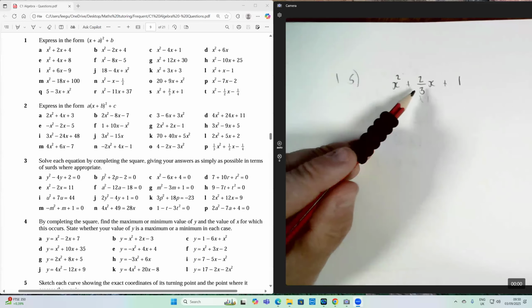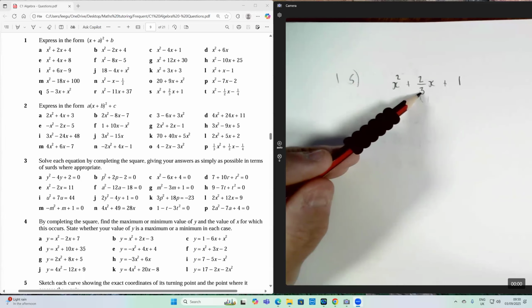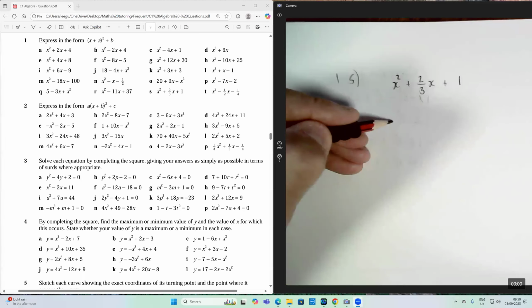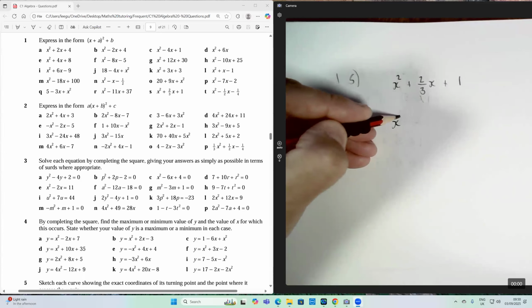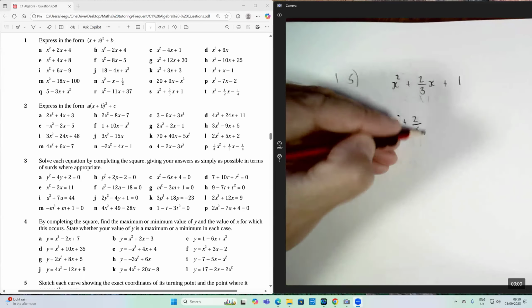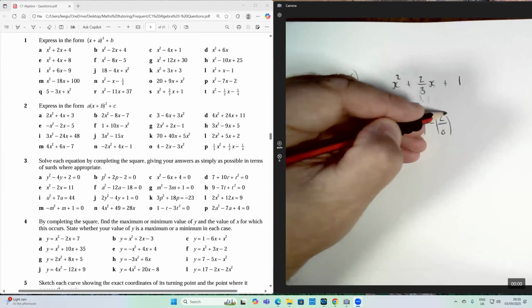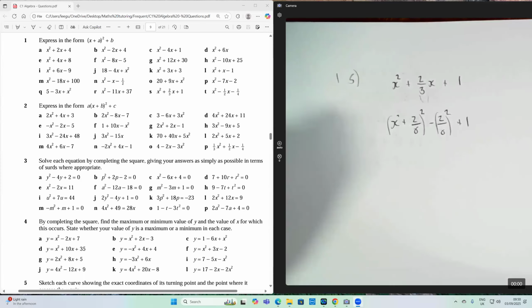Now we're going to halve the fraction. You could do that by doubling the denominator. So I could think about that as (x + 2/6)² − (2/6)² + 1.